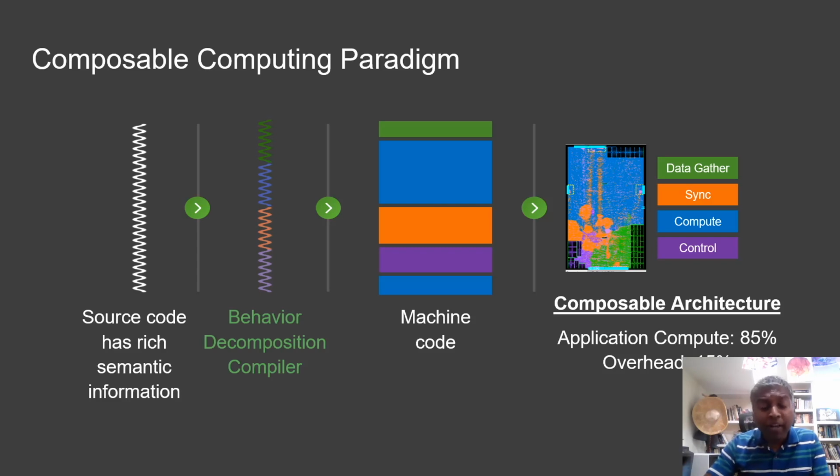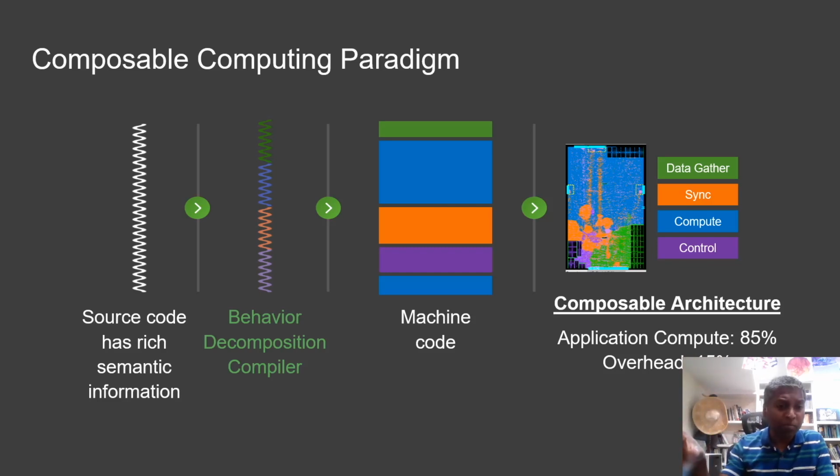Then we have a compiler that looks at the source code and breaks it up into 4 coarse-grained behaviors we have found can be used to build software super fast and an architecture that's efficient. So we need to achieve both. That's the role of the behavior decomposition compiler. And the machine code is not individual instructions, but an expression of these behaviors.